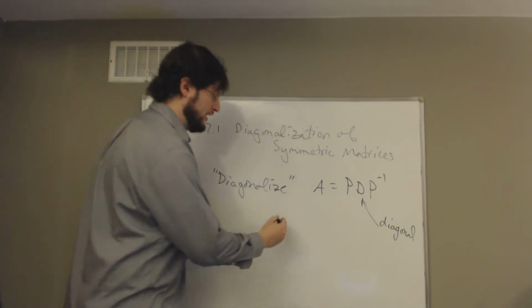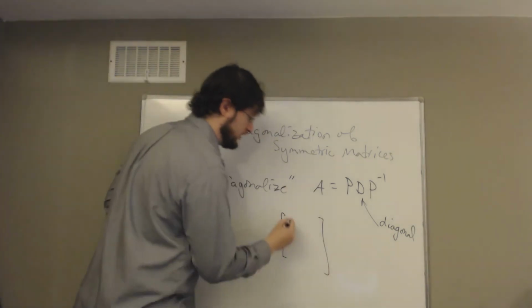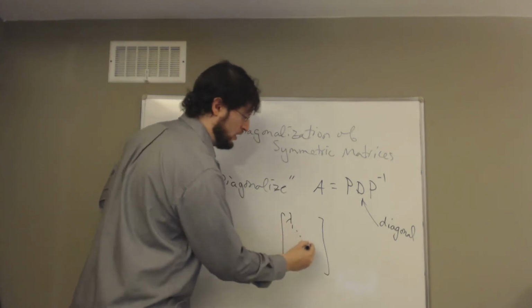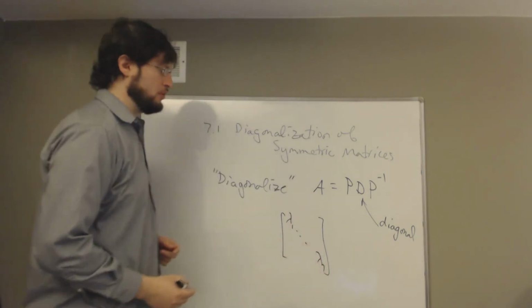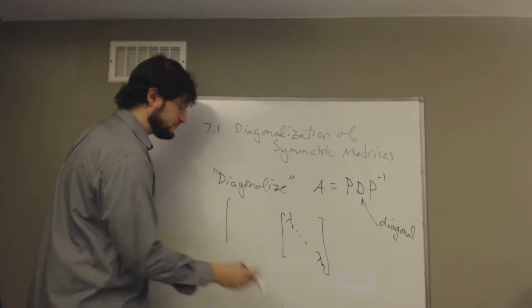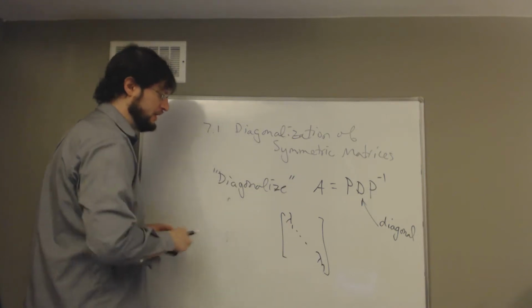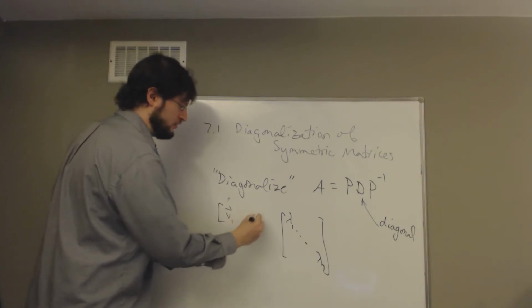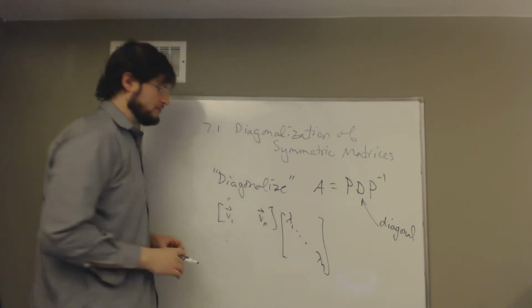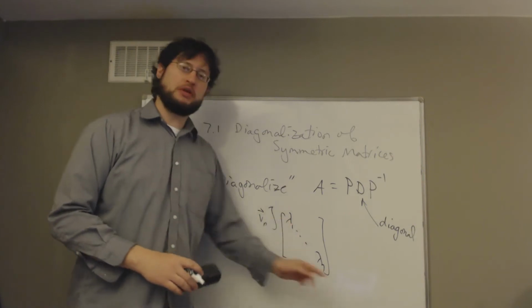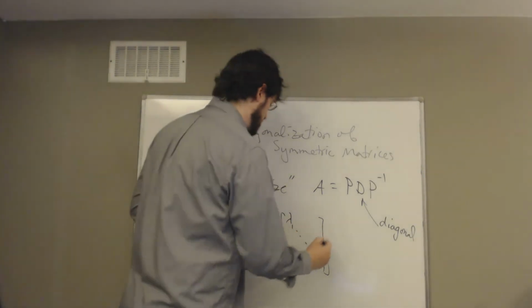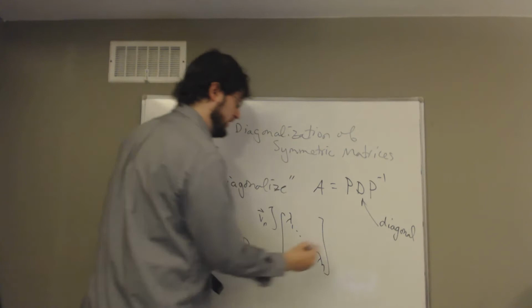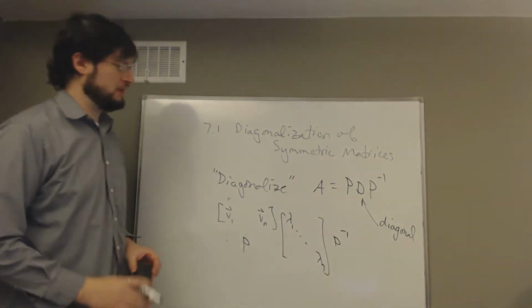Remember our process: we take our eigenvalues lambda 1 through lambda n and put them on the diagonal matrix D. The matrix P is given by our eigenvectors v1 through vn, which correspond to the eigenvalues lambda 1 through lambda n. This is our matrix P, and then it is multiplied by P inverse.